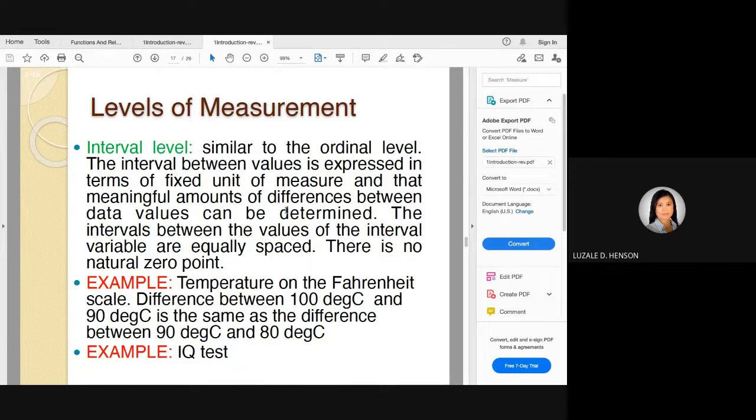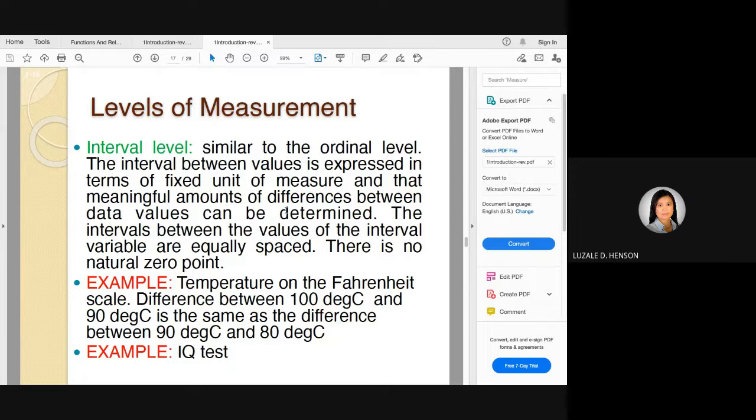Ibig sabihin, yung 0 doesn't mean na wala. Like for example, temperature. When I say 0 temperature, it doesn't mean na walang temperature. It's just so happen na 0 yung reading doon. Kasi meron pa tayong negative na values ng temperature. Especially for degrees Celsius and Fahrenheit. Pero pag Kelvin, of course, absolute temperature yan. Another example is IQ test, no?